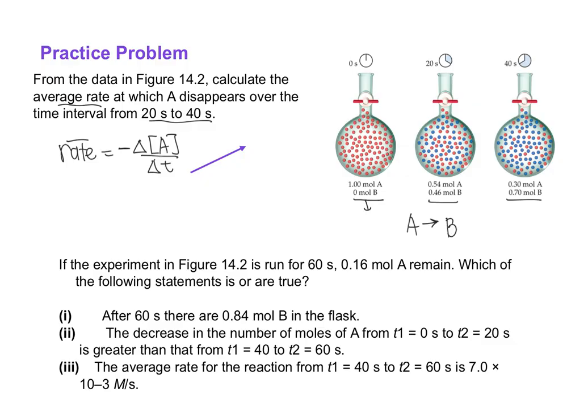So what we'll do here is say, okay, from the time period 20 to 40, we're going to end with 40 seconds and start with 20 seconds, because we always do final minus initial.